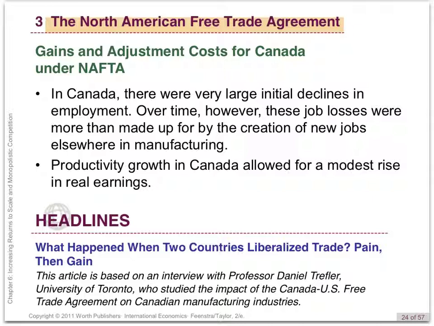And over time, however, these job losses were more than made up by job creation. So this job loss is temporary based on this kind of research, based on this textbook. So NAFTA has more gains than loss.